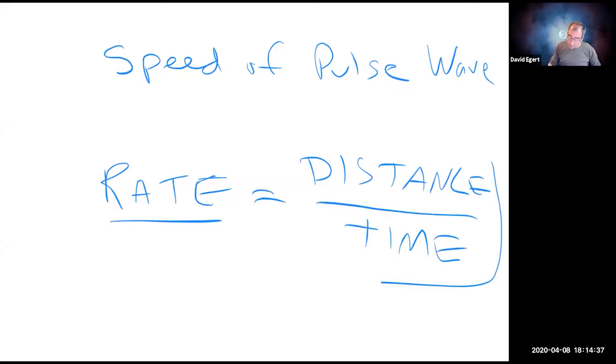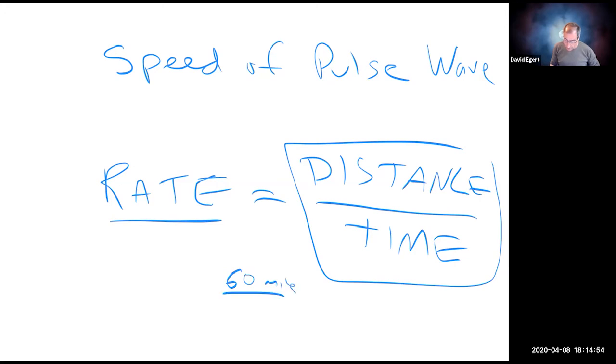This is the classic thing: if you can drive 60 miles in 1 hour, you're going 60 miles an hour. If you drove 60 miles in a half an hour, then you're going 120 miles an hour. However far you went divided by the time gives you the rate that you're going.